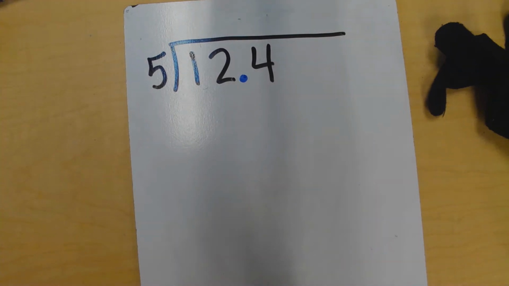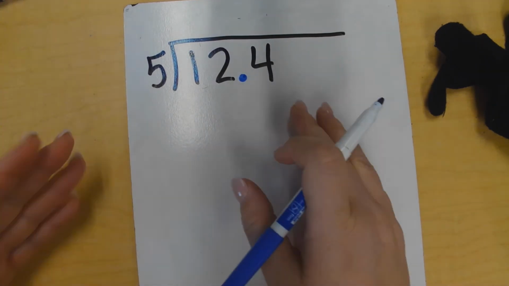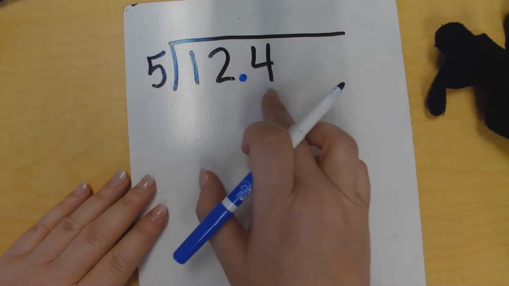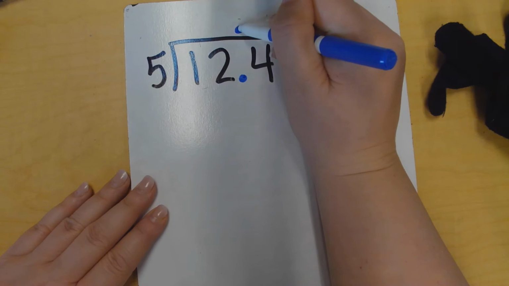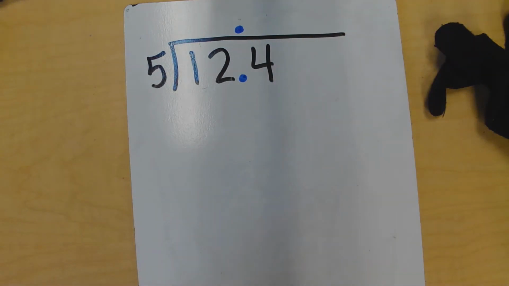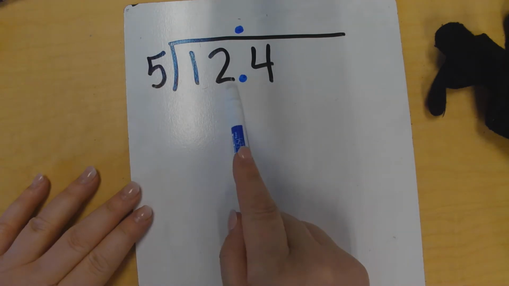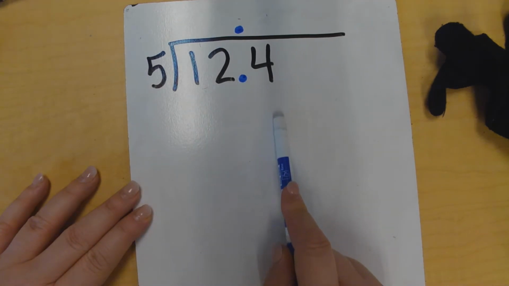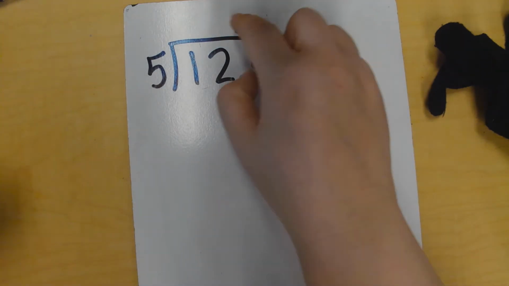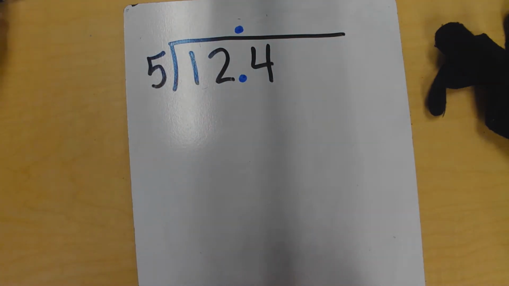And if you remember from the last video and from the last example, if you have a decimal down here, you always have to make sure that you are showing the decimal in the same place above. Here our decimal is between our whole numbers and our tenths place. And so you need to make sure you're showing it above.